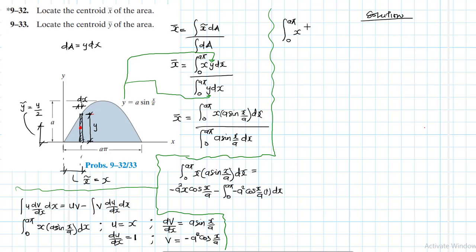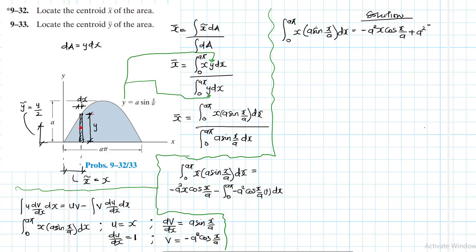This function, the integral of a sine x over a dx, becomes equal to minus a squared x cos x over a. This becomes a plus, minus minus plus, then we integrate that.